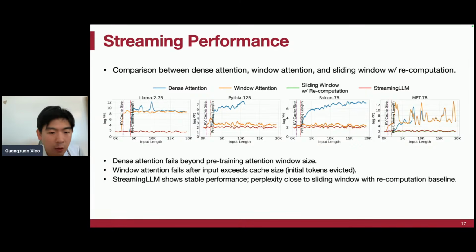The green line is the Oracle baseline, where for each step we just recompute everything, and it almost overlaps with the StreamingLLM perplexity. So the green line and the red line are together.